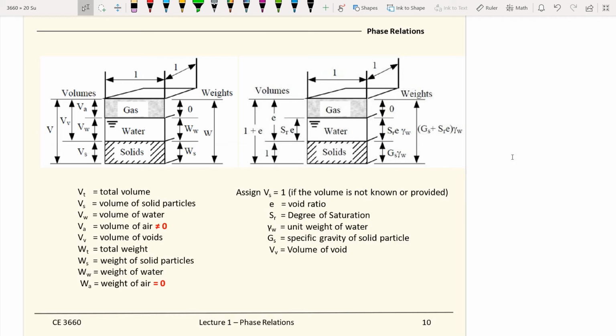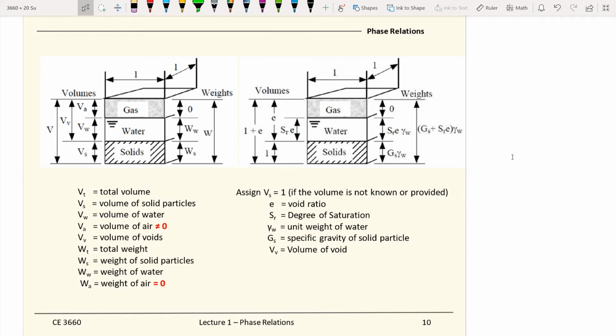On the left-hand side, we started with the phase diagram, and then we talk about each of the different components, from the volumes and the weights in terms of gas, water, and solids, the VA, VW, VS, and the total weight and total volumes.